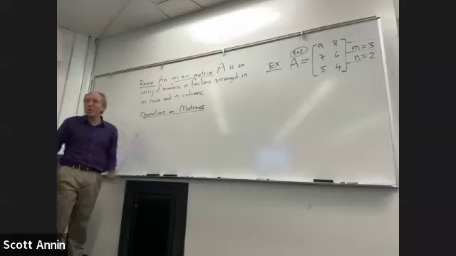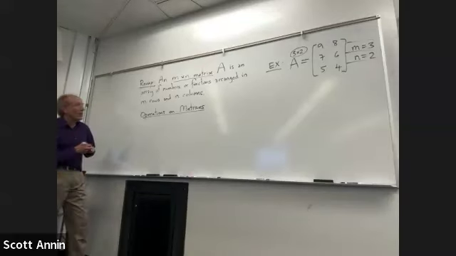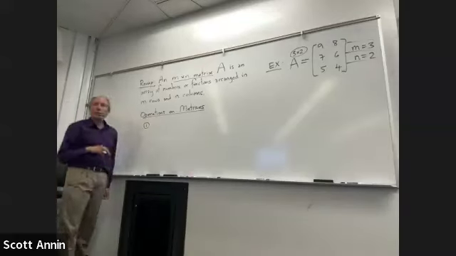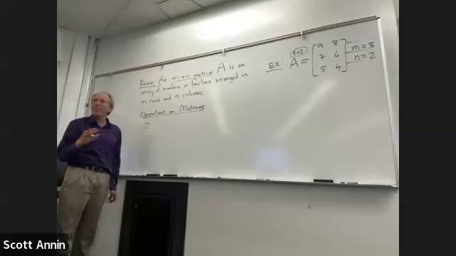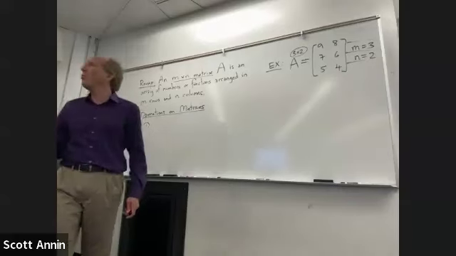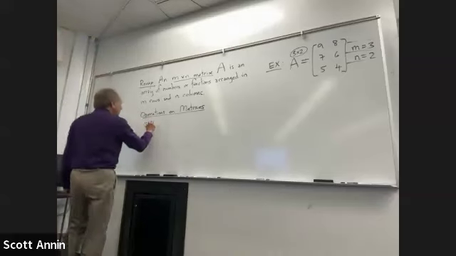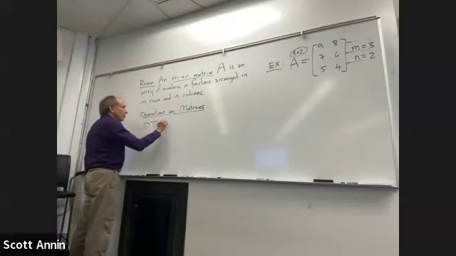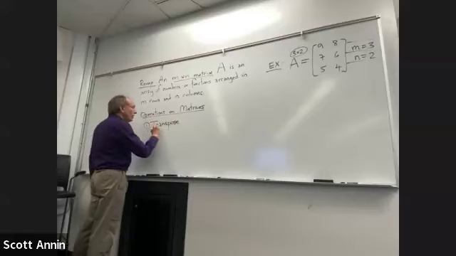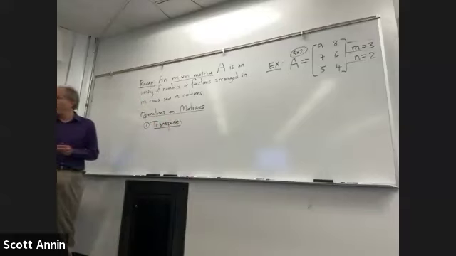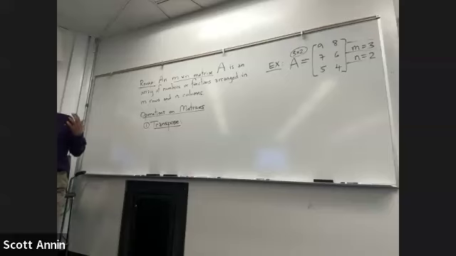So operations on matrices, I'm going to make a list here. The first thing that we can do with a matrix, and it may seem strange why we would want to do this, but it is something called the transpose. We can transpose a matrix.